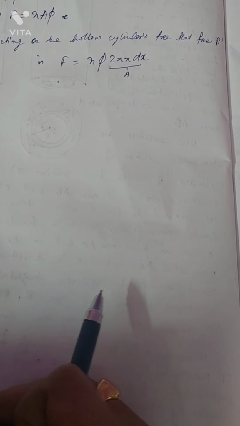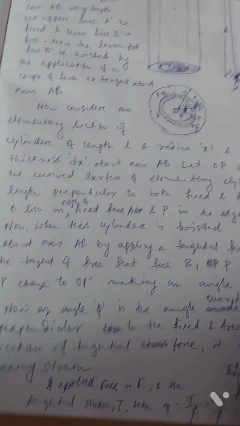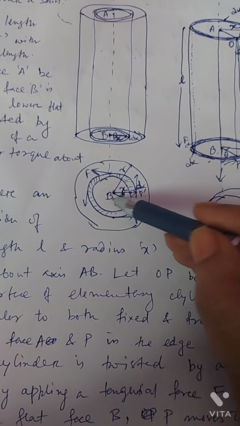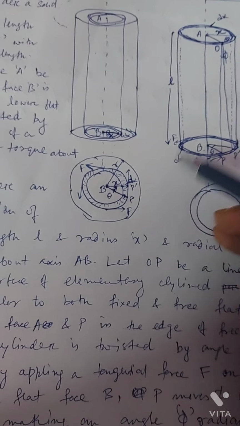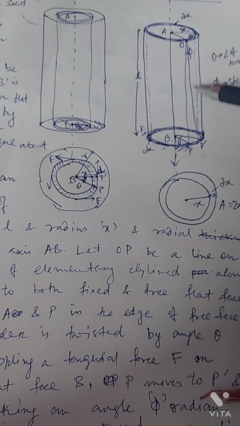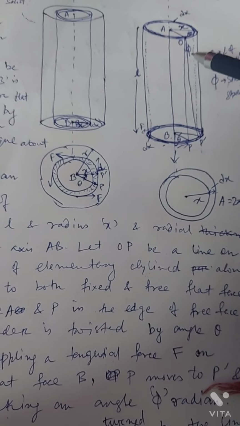As we have found, this BP is turned to BP dash by an angle theta. In a similar way, with the application of the same tangential force, this OP is turned by an angle phi.